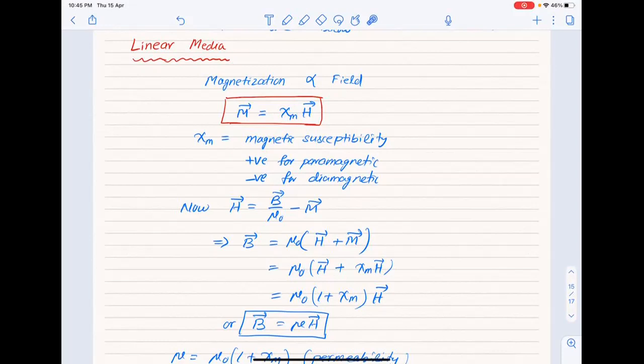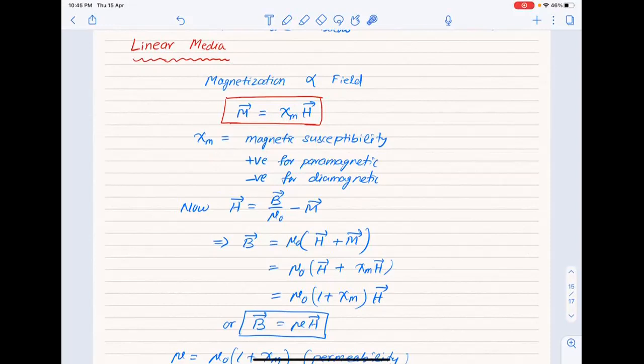So now you can write M is nothing but chi m H, where chi m is called magnetic susceptibility. This obviously will be positive for paramagnetic because the alignments are along the field, or parallel to the field. And chi m will be negative for diamagnetic because, as you know, the magnetization is opposite to the field. For that reason, chi m will be negative.